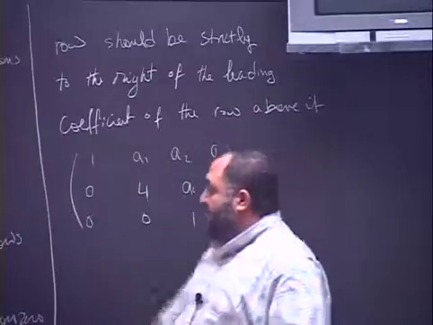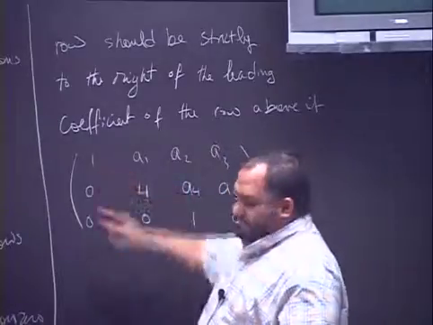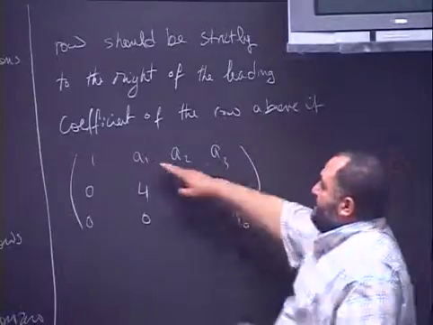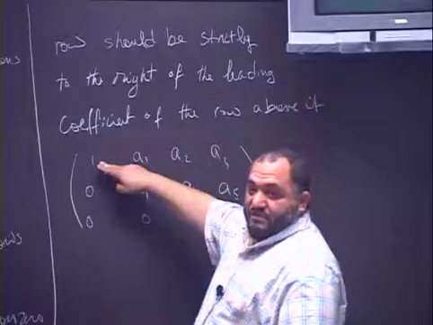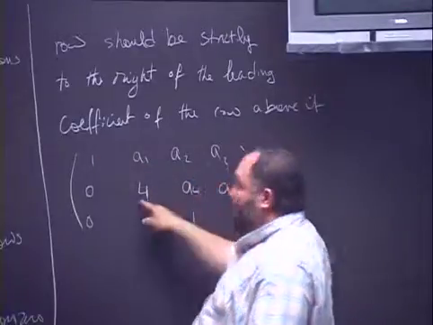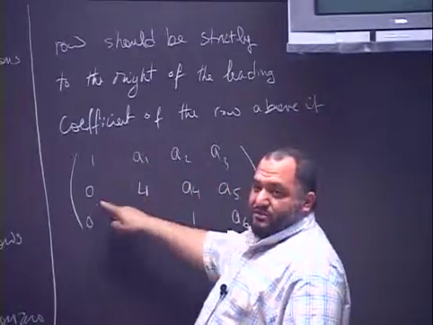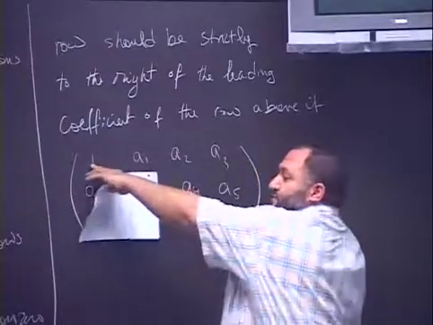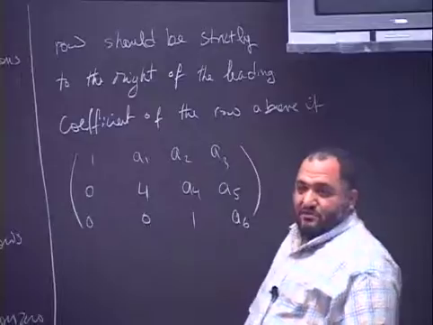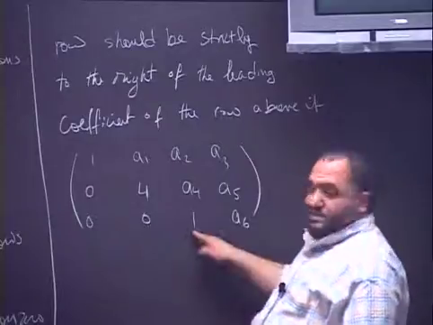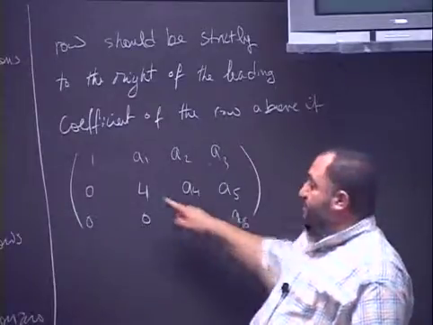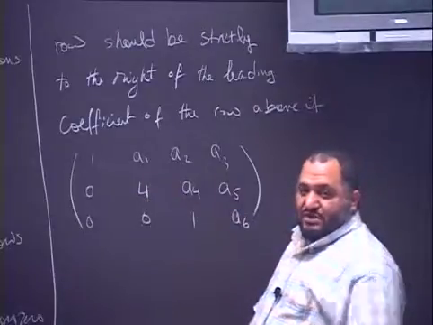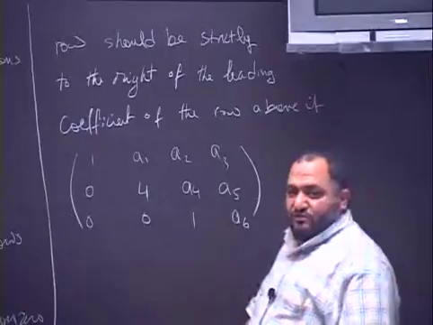So all leading coefficients or pivots here should be to the right of the leading coefficient of the previous row. So where is the leading coefficient here? 4, because 0 is not considered as the leading coefficient. So 4 comes to the right of the first leading coefficient of the previous row, and the leading coefficient here is 1. It came to the right of the leading coefficient of the second row, and so on. So this is called echelon form.